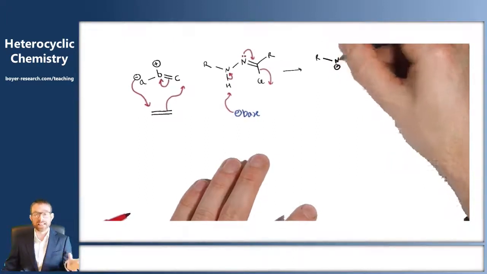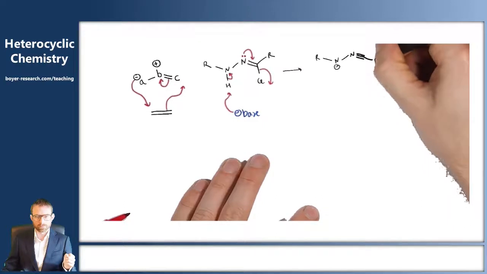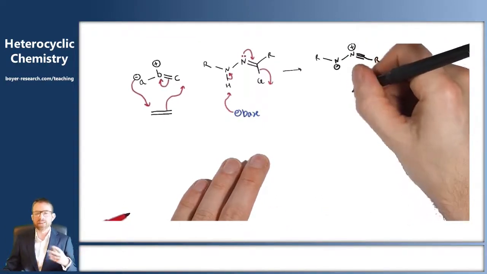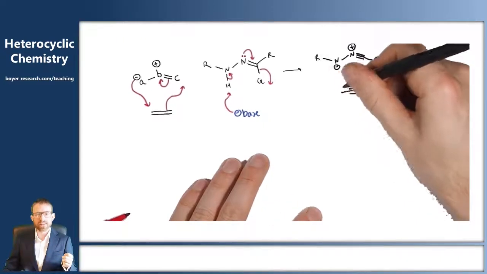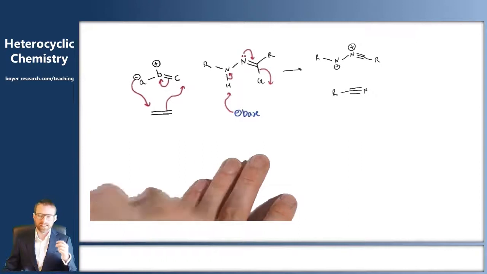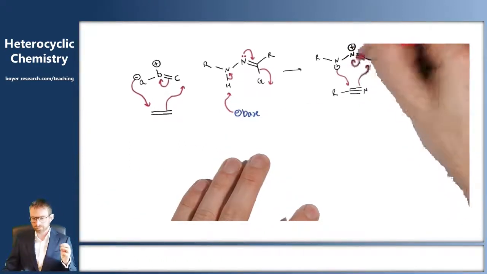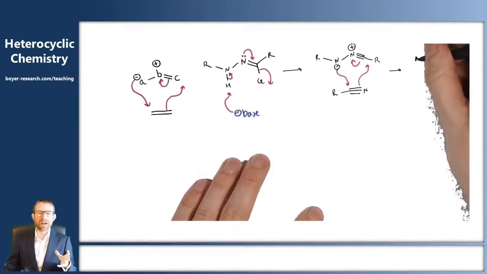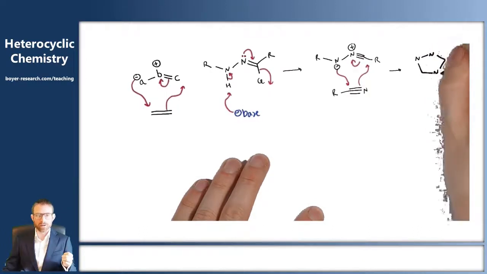So overall we lose HCl. Now this is a very reactive species, which is why we have to generate this in situ. But if we treat this with an appropriate dipolarophile, such as our nitrile compound, then again we can push the exact same arrows round, and that will give us our 1,2,4-triazole product.